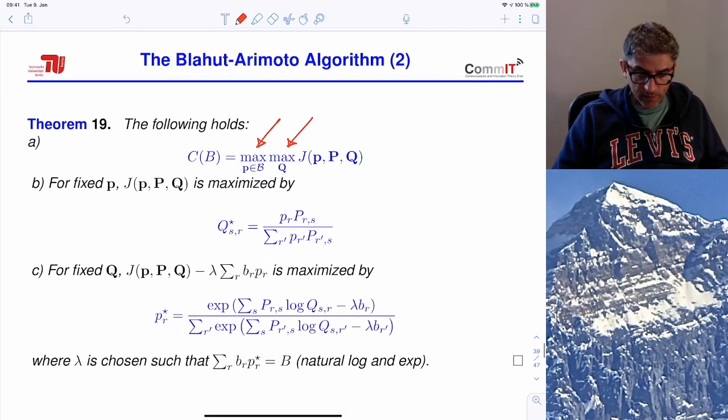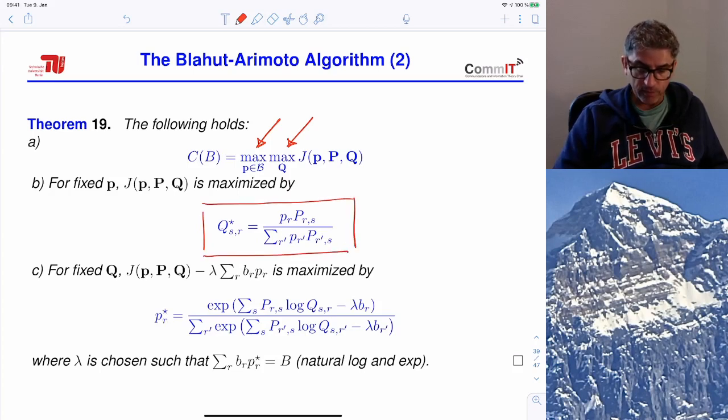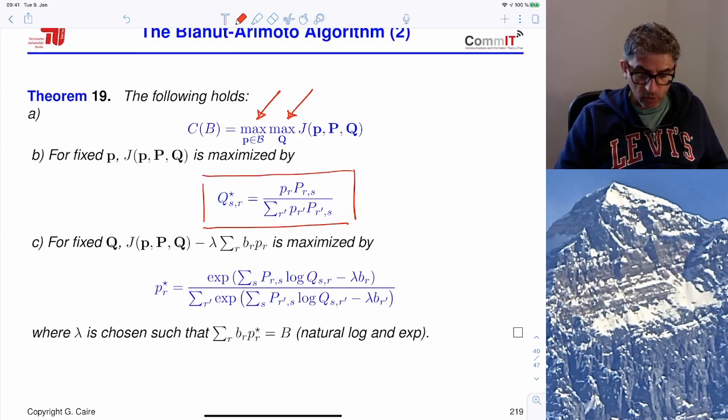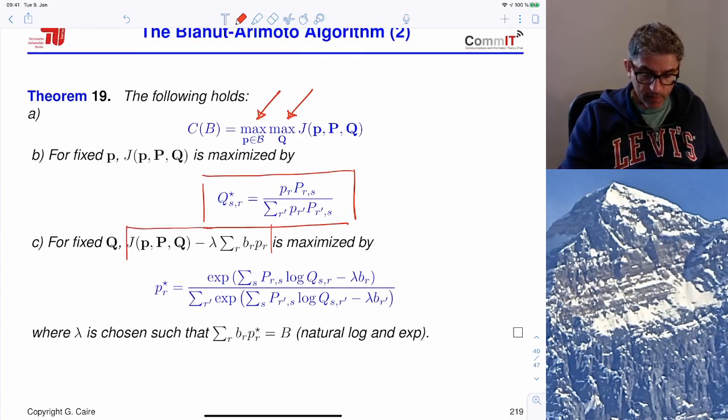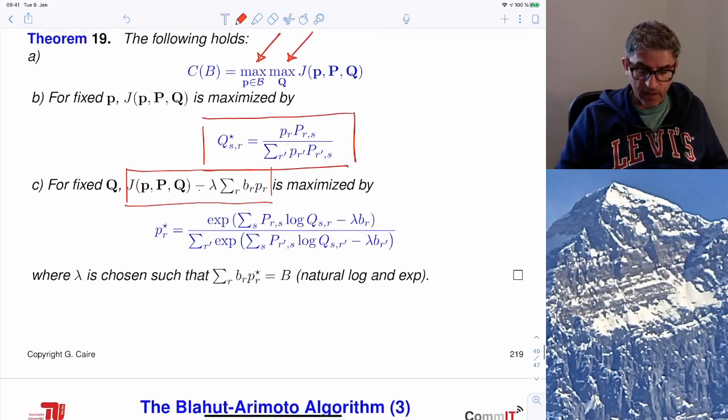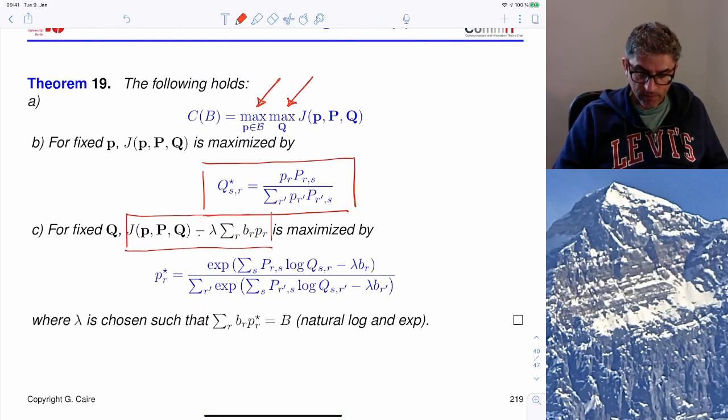And in addition, for fixed p, the maximization with respect to Q can be given explicitly. For fixed p, I can find the optimal Q. For fixed Q, the maximization of J minus lambda times the average cost can also be given explicitly. Okay?